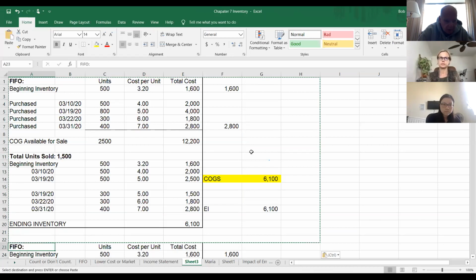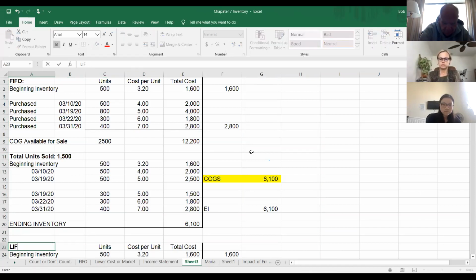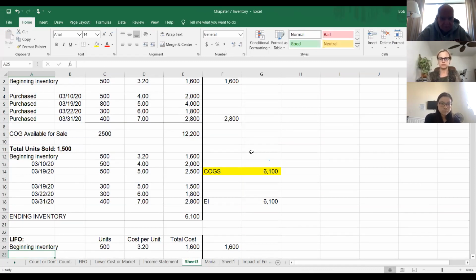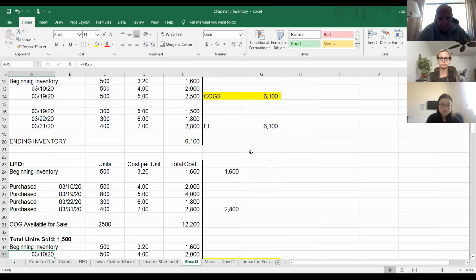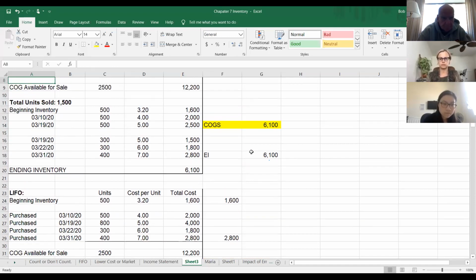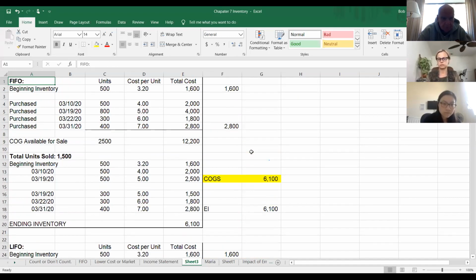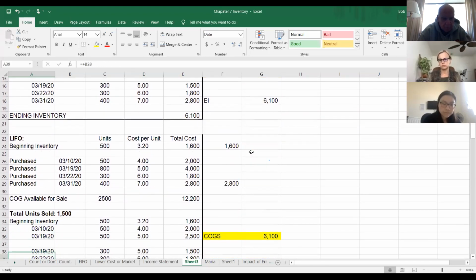Okay. Now we're going to do LIFO. And we're using the same exact numbers as above. Do you agree? We start with 500, 558, 34, 2,500.